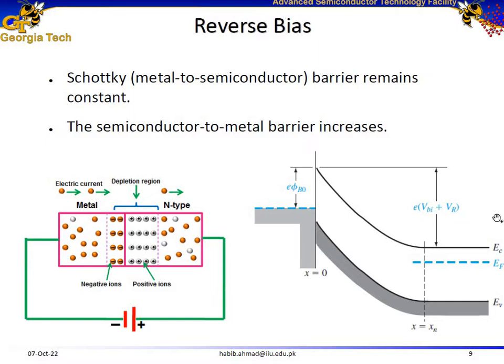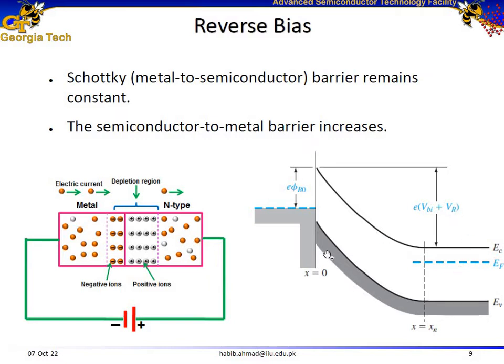If you apply positive voltage to the semiconductor side, you drag down all the energy levels on this side of the junction, which means that the Fermi energy level of the semiconductor is now much lower as compared to the Fermi energy level on the metal side. And the barrier height for electrons to flow from the semiconductor to the metal has drastically increased now. Now it's equal to VBI plus VR.